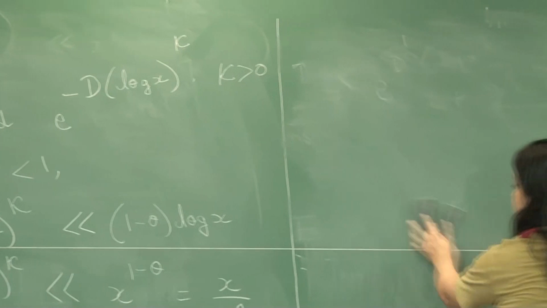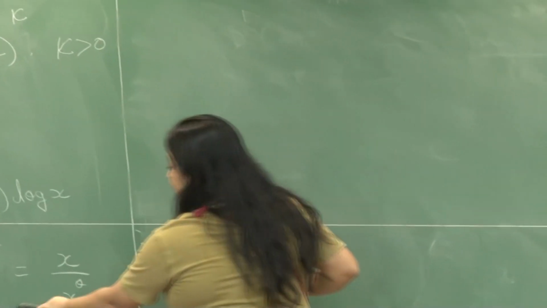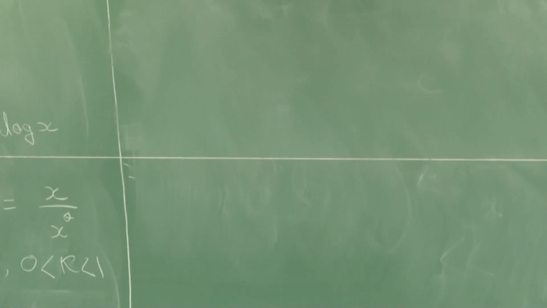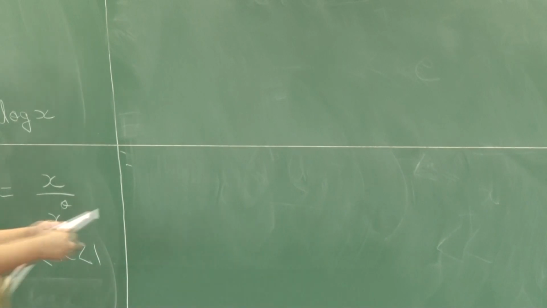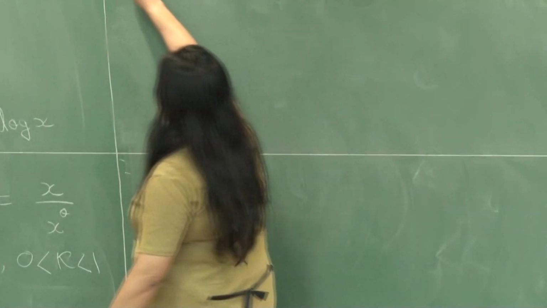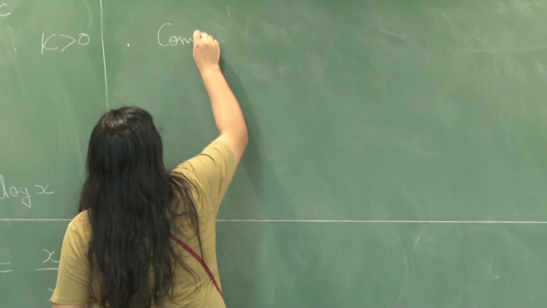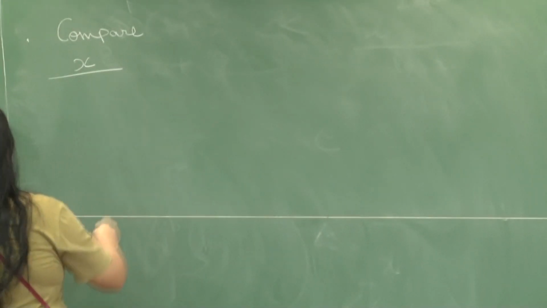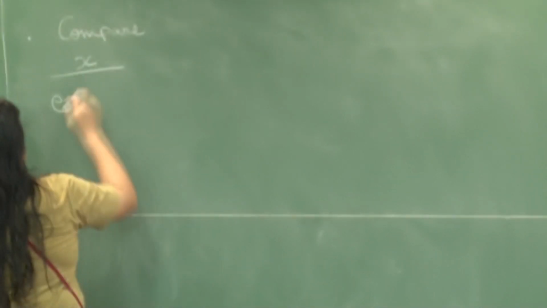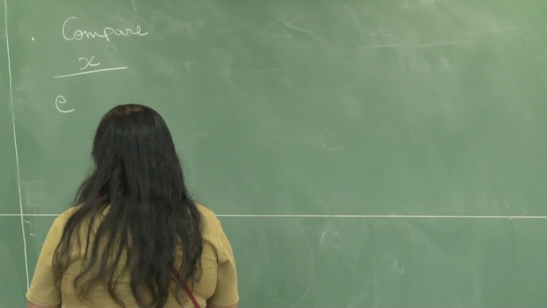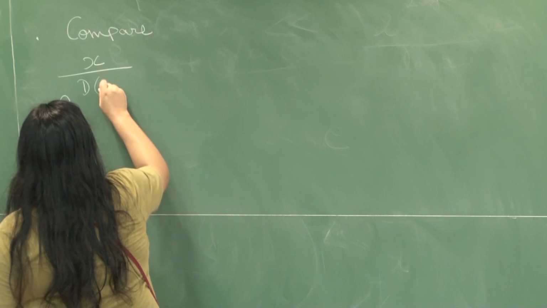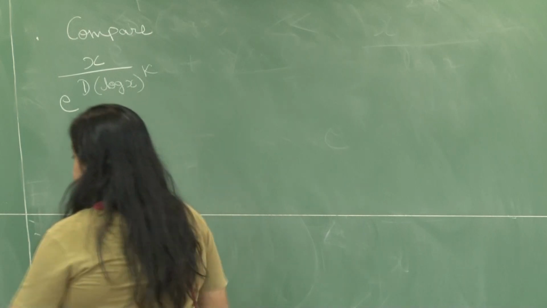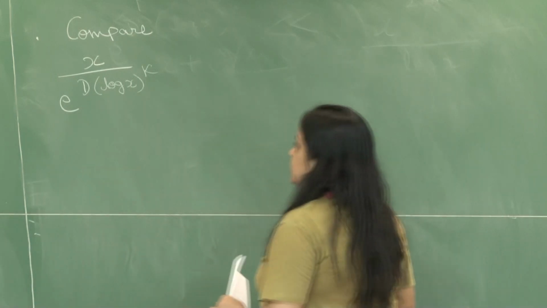On the other hand, how does this error term behave with respect to x over any arbitrary power of log x? Okay, so observe the following. Compare x over e raised to the d times log x raised to the kappa, where d is some positive constant.